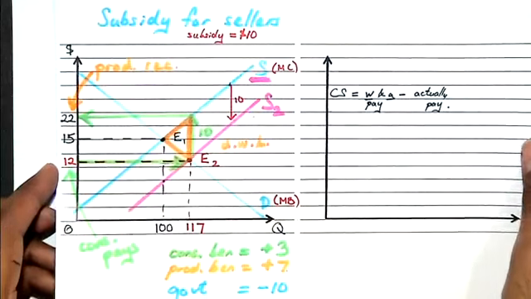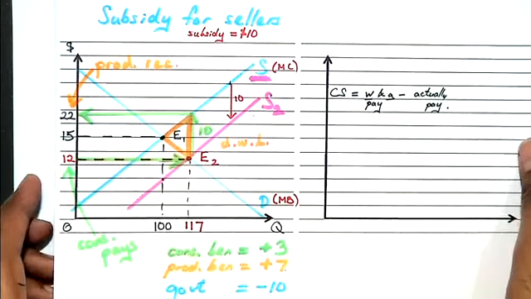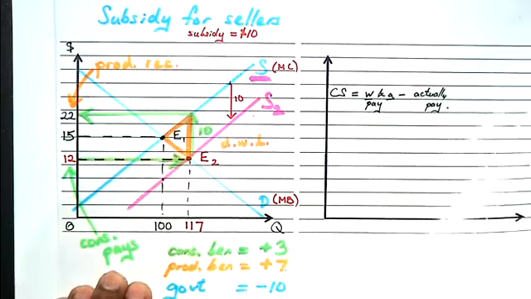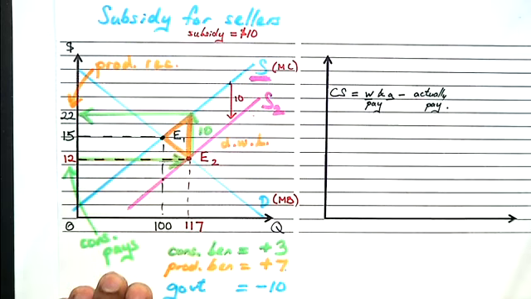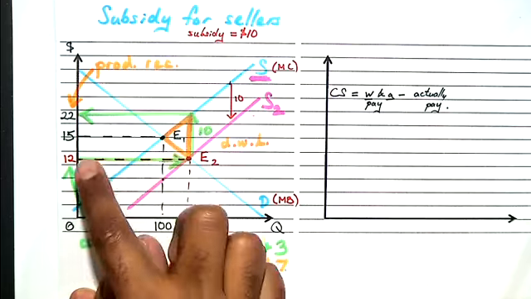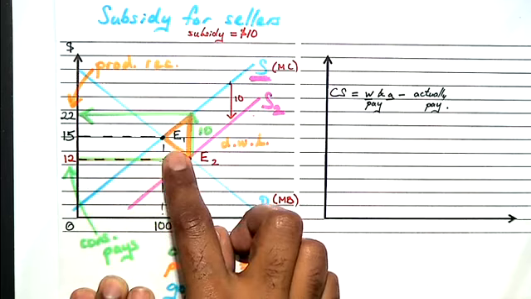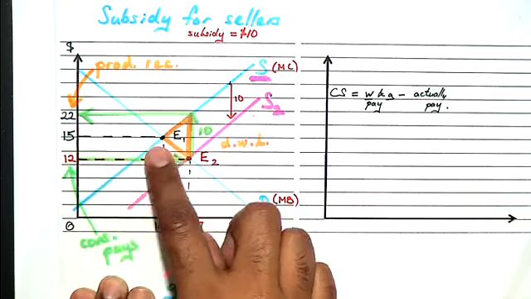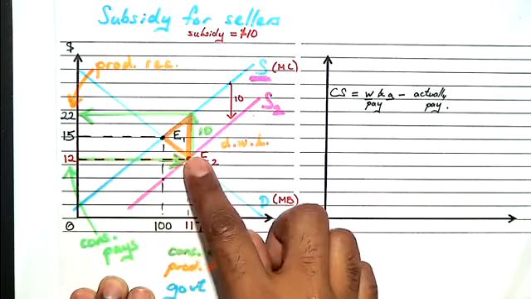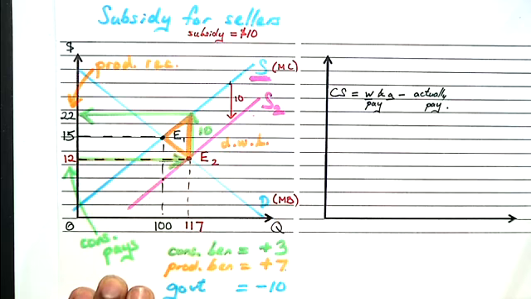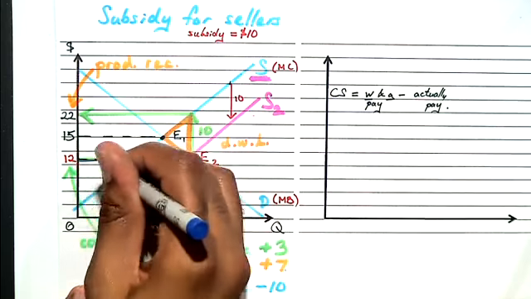Consumer surplus and producer surplus for subsidies is actually a bit tricky. How much does the buyer actually pay? They actually pay 12. With the subsidy, the new price is 12, so the buyer actually pays 12.